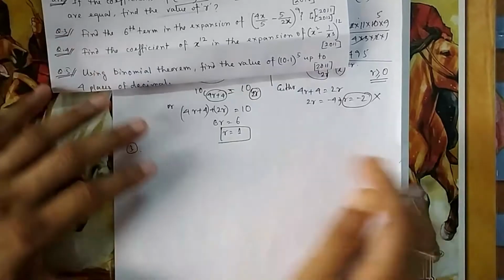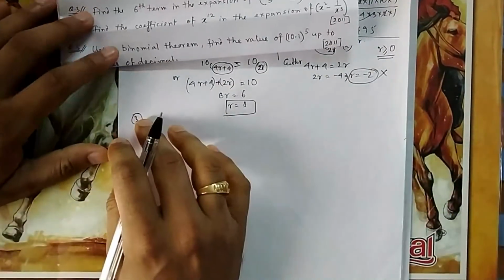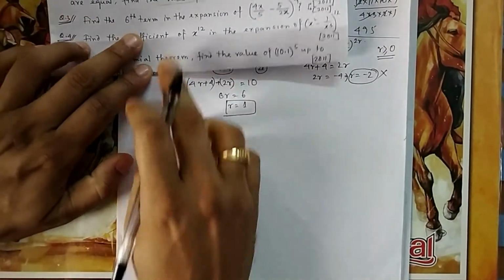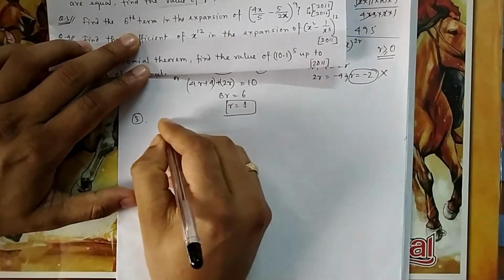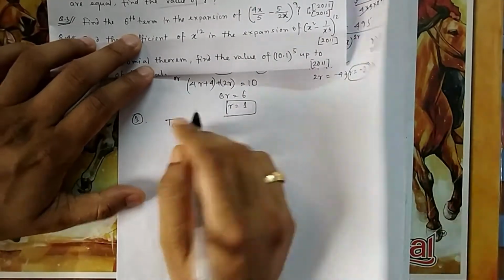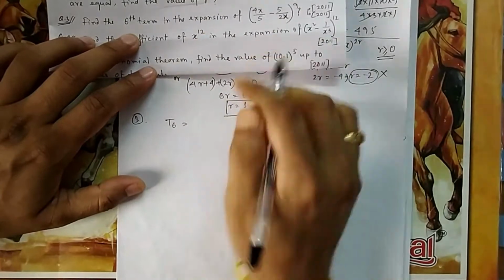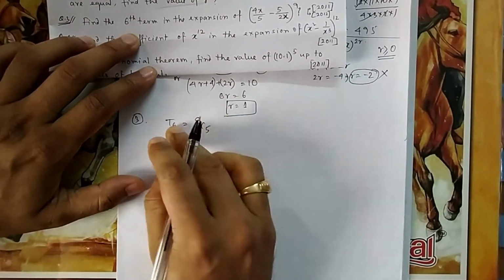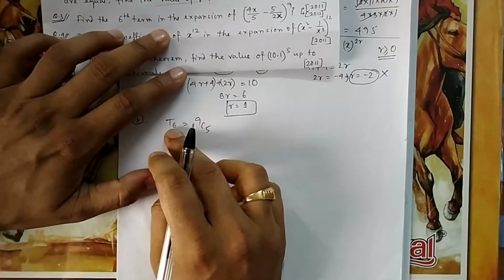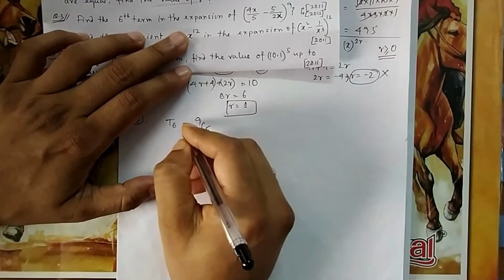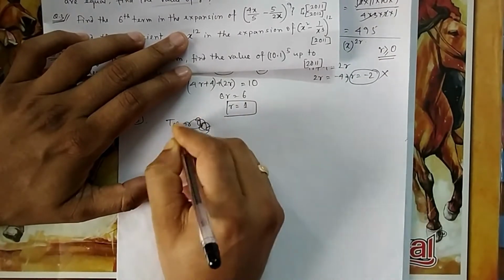Next, in question number 3, they are asking to find the 6th term. So you know how to find the 6th term. This is easy. T6 will be equal to how much? T6 is equal to 9C5, 1 less than this. So it is 5 plus 1, you can think r equals 5. And because there is a minus, every time I forget to give it, let me write it.